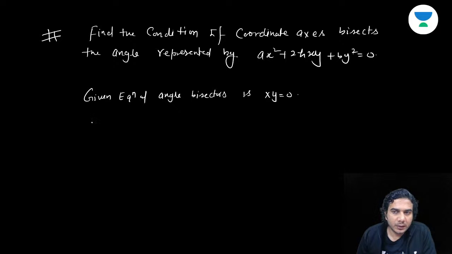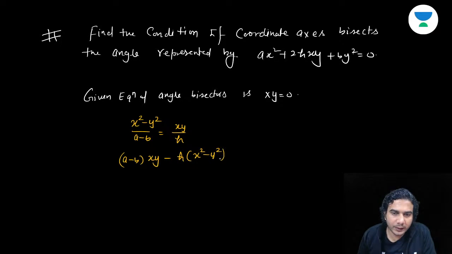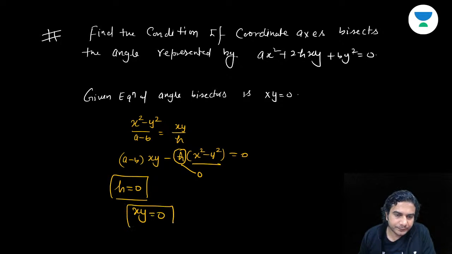And using the formula, bisectors of this are given by x square minus y square upon a minus b is equal to xy upon h. So you can write a minus b into xy is equal to h times x square minus y square. Because this part is missing, its coefficient must be 0. So this h must be 0. If I put h is equal to 0, this is xy is equal to 0.